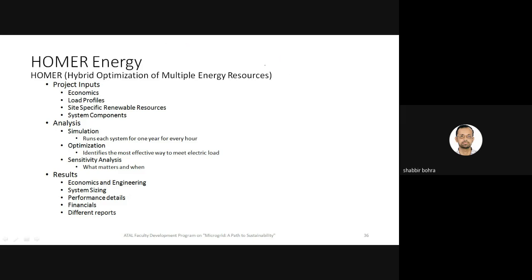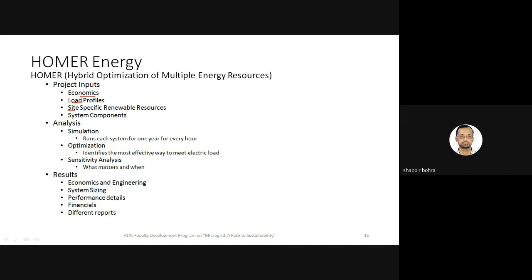It requires project inputs: economics, load profile, site specific renewable sources, and the system components. So it is not a generic system where you can have the same result irrespective of the site, the load profile, and the economics supplied. Like any application software, the more carefully you supply the input to the system, the better and more accurate the result.